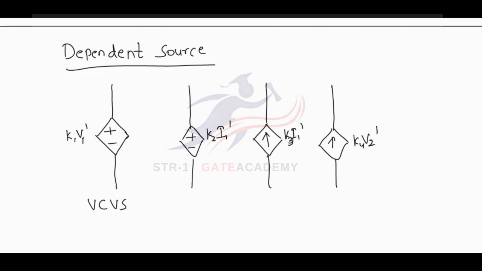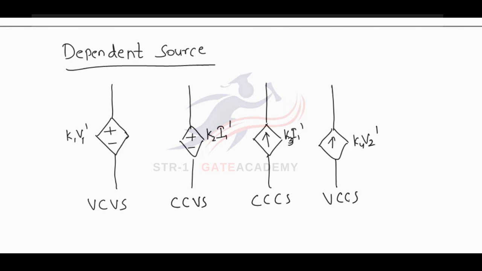This is V2 dash. Now the value of this voltage source depends upon a current. So a current is controlling this, therefore it is a current controlled voltage source. This is a current controlled current source, whereas this is a voltage controlled current source.